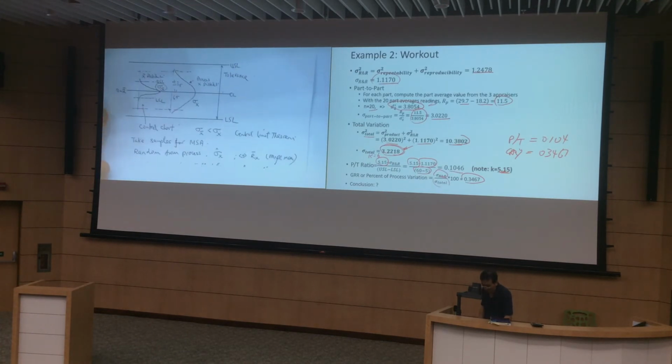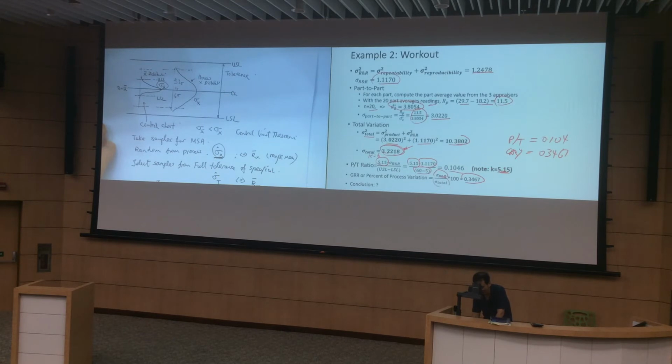So coming back, if you want to take a sample for the MSA, randomly from the process, you take a sample, and what you get is this guy. And people will say, okay, so we'll have this range.